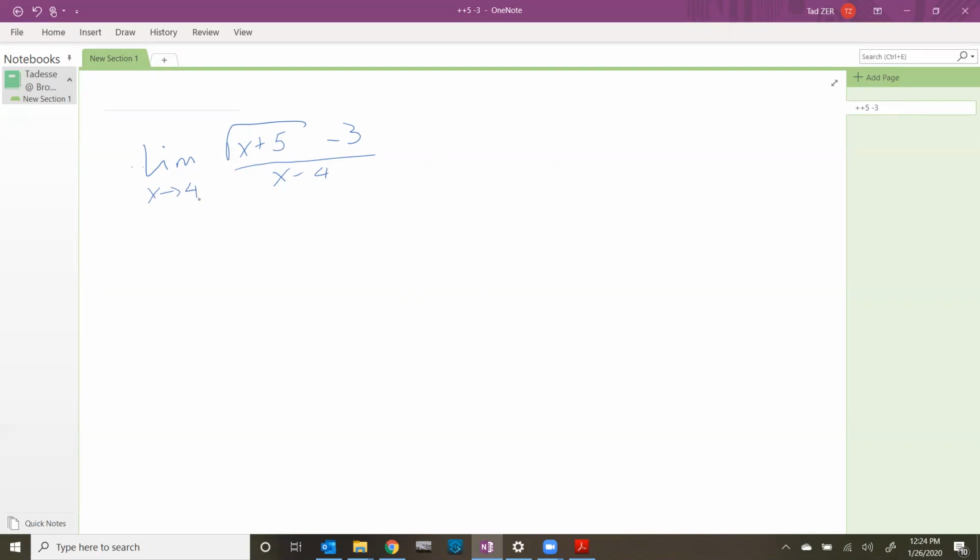For the same reasoning, the denominator is 0 at 4, so I have to simplify.